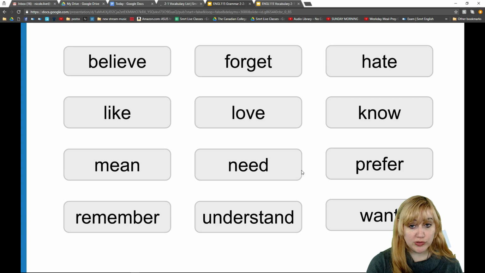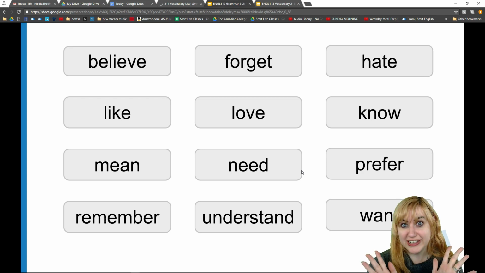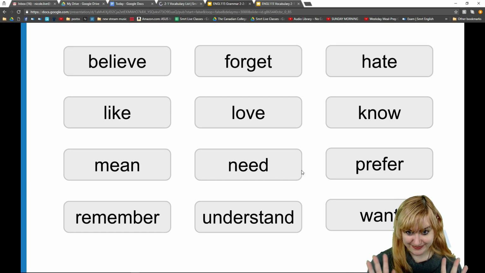And that's true for present simple, past simple, future simple, present perfect simple. We don't use these verbs for present continuous, past continuous, future continuous, present perfect continuous. No, don't do it. These verbs always simple.